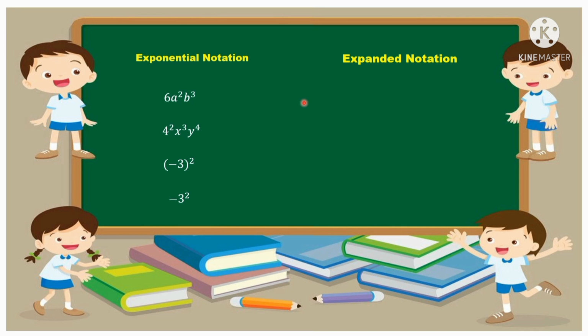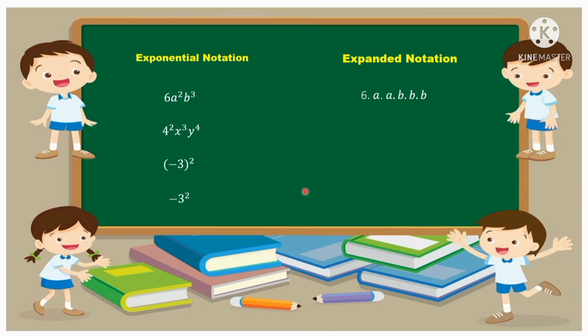Then a has a power of 2, or it is being raised to the power of 2, so you write it twice. Then b cubed, so b is raised to the power of 3, so we write it 3 times.